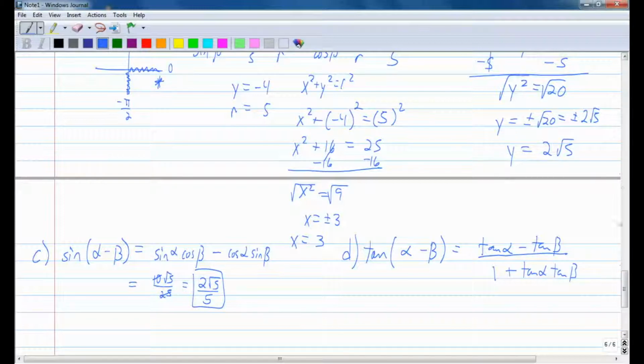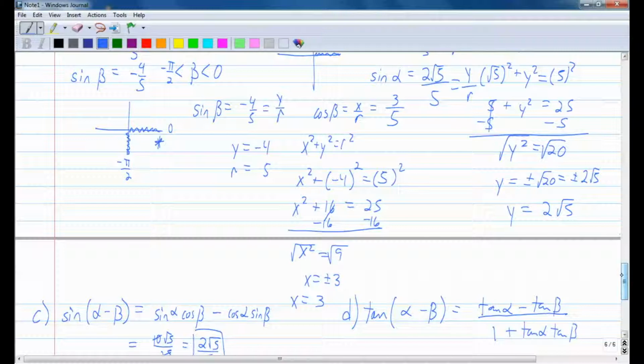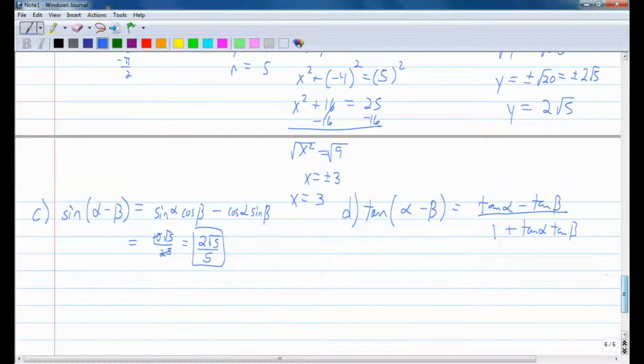Now we weren't given those answers. We weren't given the tangent of alpha or the tangent of beta, but we can figure them out by using sine and cosine. So the tangent of alpha is going to be the sine of alpha divided by the cosine of alpha.